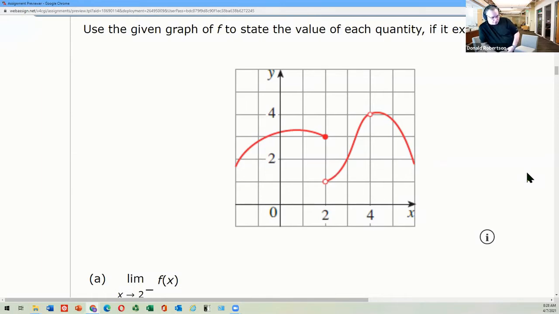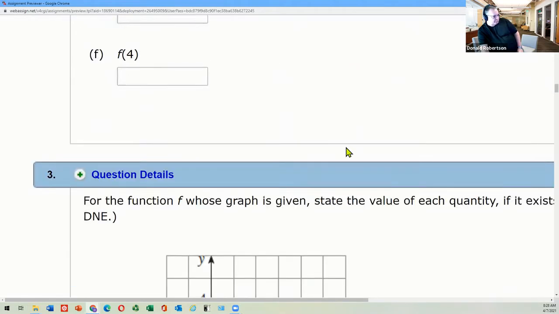What is the value of the function f of 4? Doesn't exist. Because there's a little hole there. So can you see when you're doing your homework, your answer is going to be 4, 3, DNE. You know, it's either going to be a number or it's going to be a DNE. And that's what these are about.